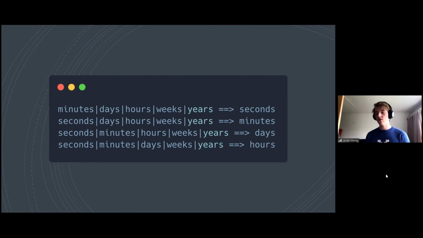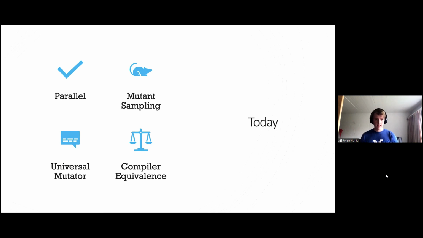And this is useful both for a developer who's trying to improve their test suite, but also for an auditor who wants to know whether the developers actually checked for certain cases without necessarily reading all the tests and manually exploring all possible mutations. All right, so that's kind of the benefit the universal mutator provides.